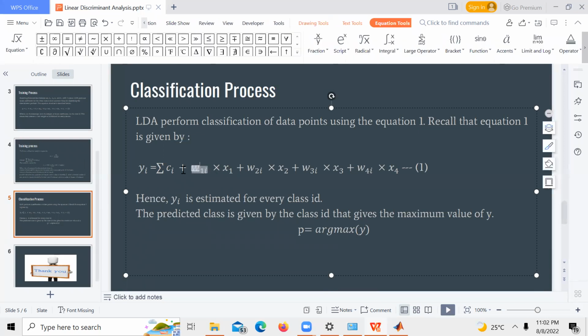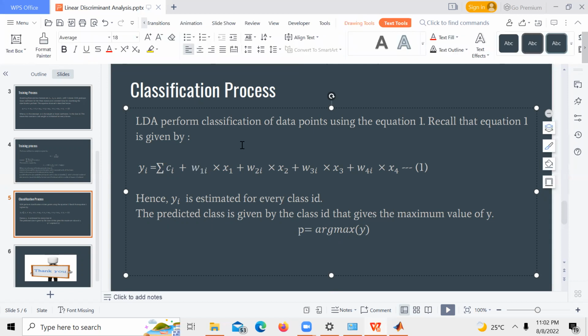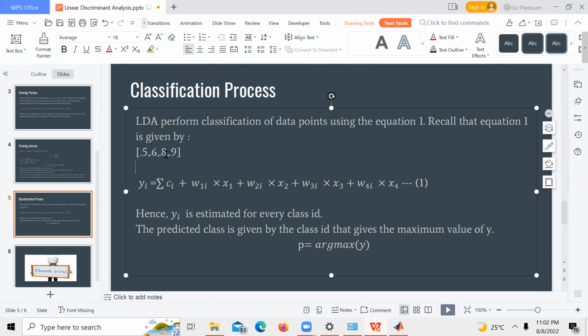Now we've obtained W and C for all the classes in the data set. Let's say we want to classify a set of inputs 0.5, 0.6, 0.8, 0.9. So this is my x1, x2, x3, x4.